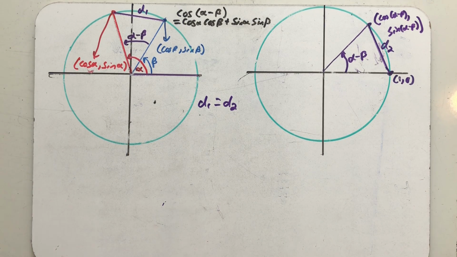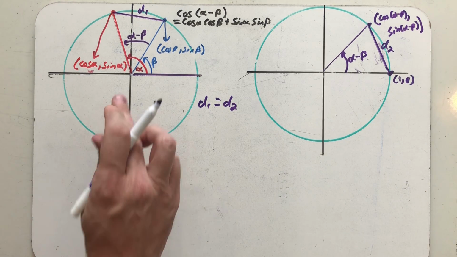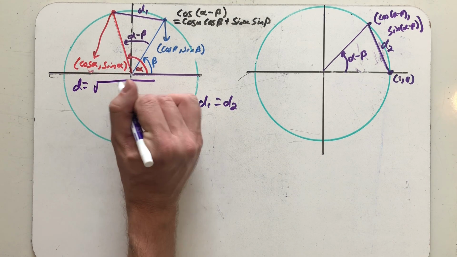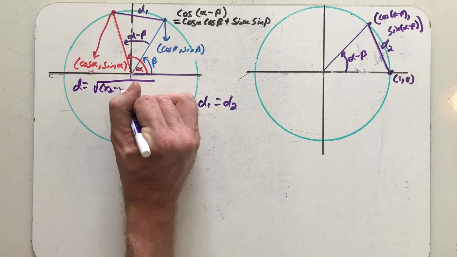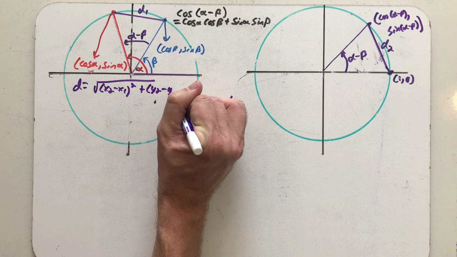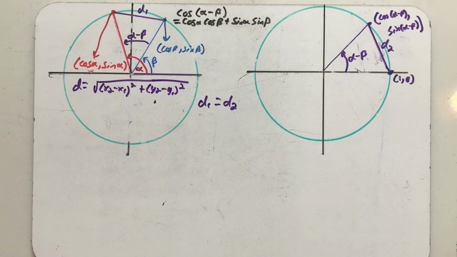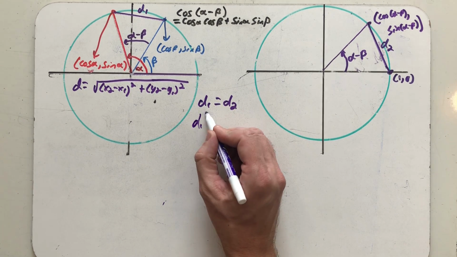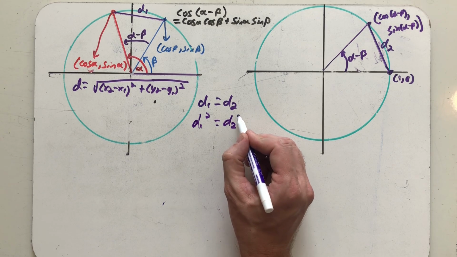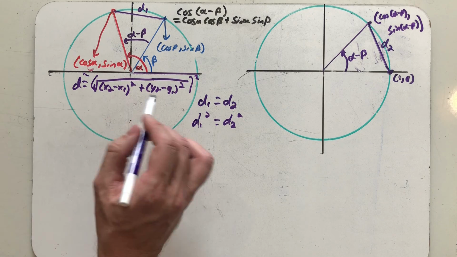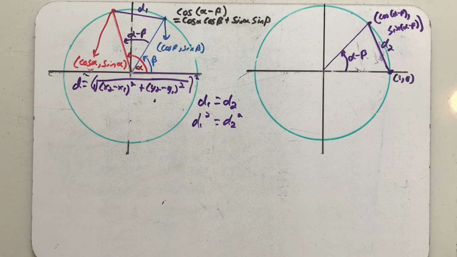We're going to use our distance formula to derive this identity. We remember that the distance between two points is the square root of x2 minus x1 squared plus y2 minus y1 squared, all under that square root. If D1 is equal to D2, then D1 squared is equal to D2 squared. So I could imagine squaring both sides of my distance formula, and that's just going to get rid of the square root, saving me one step.